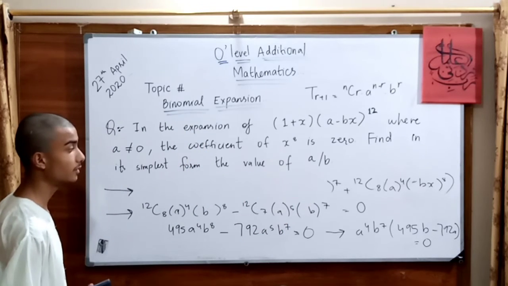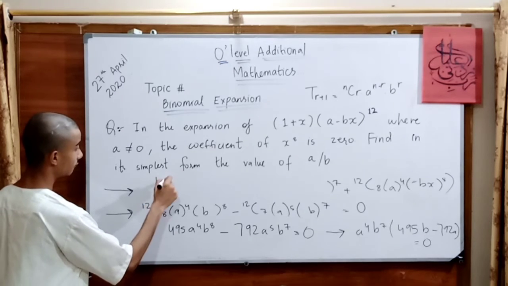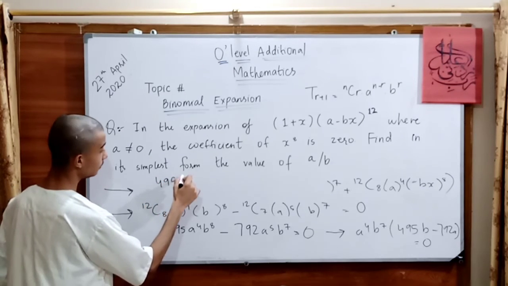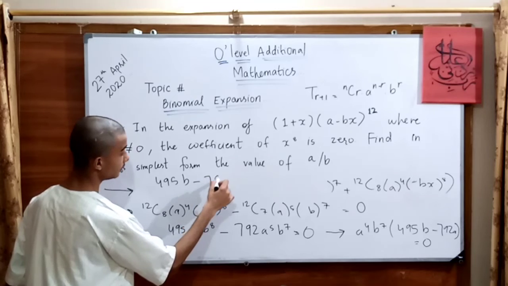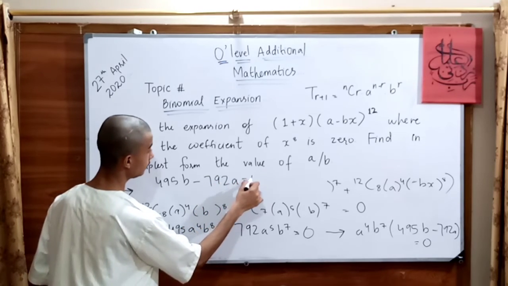So the value is basically 495b minus 792a equal to 0.